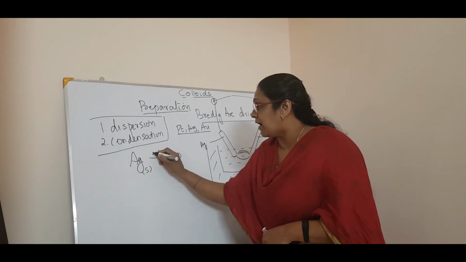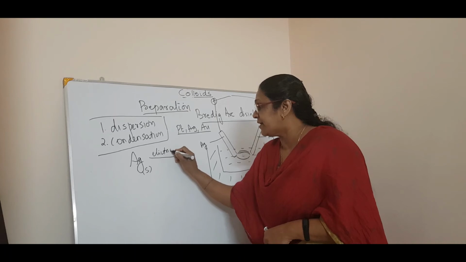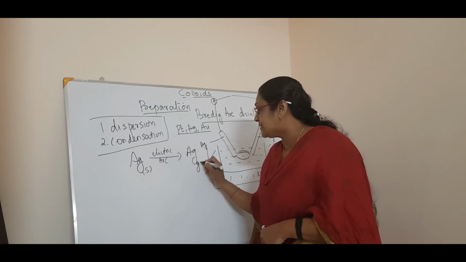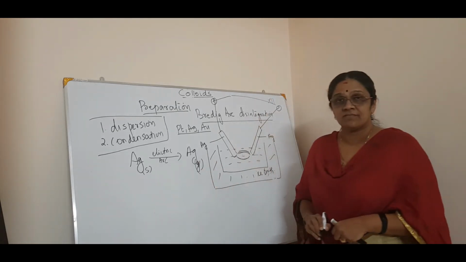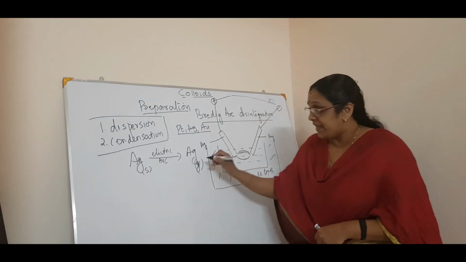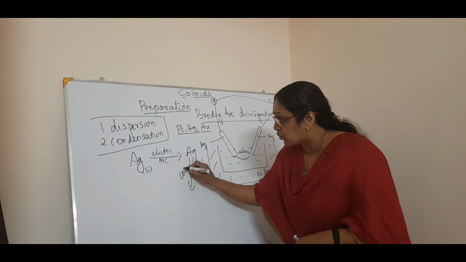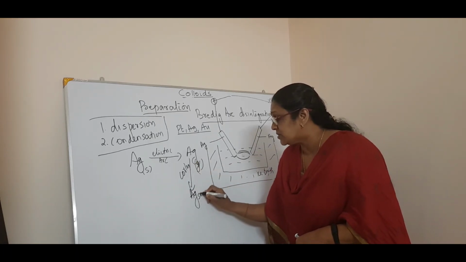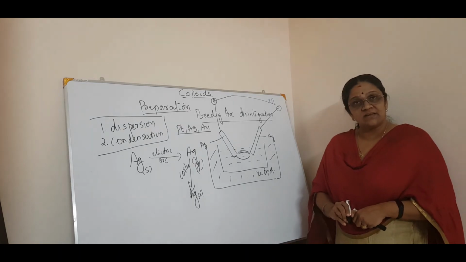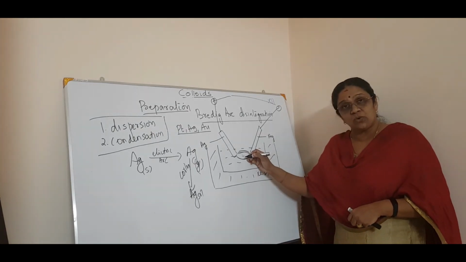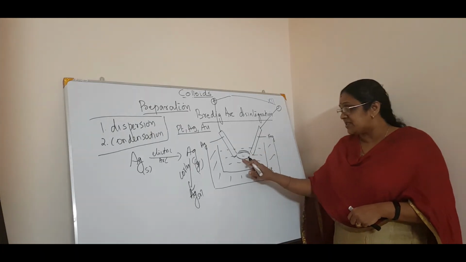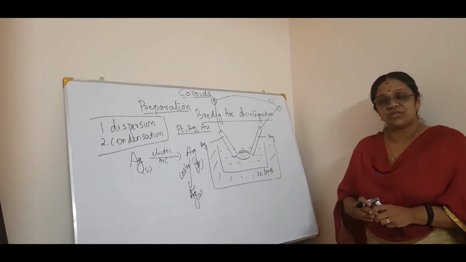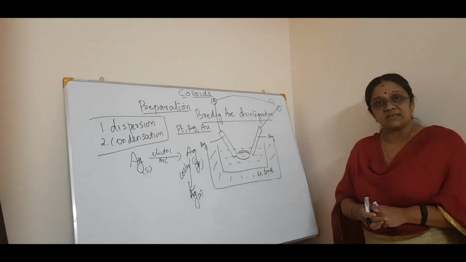By the electric arc, it will form silver in the gas or vapor state. Then on cooling or condensation, it will form silver particles. So the dispersed phase is formed, and the dispersed phase with the dispersion medium will give you the colloidal solution. That is the silver salt you will get.